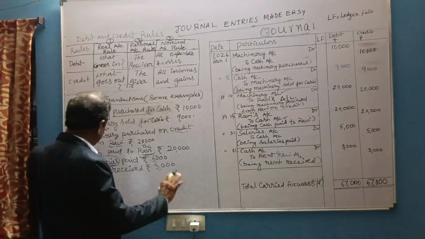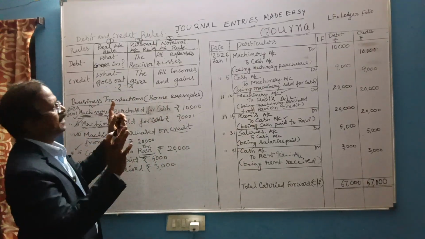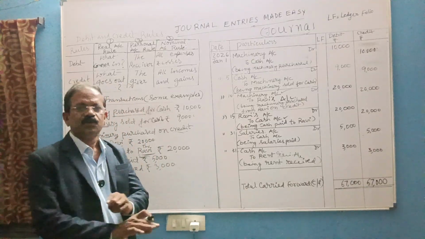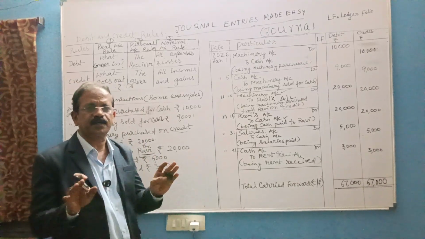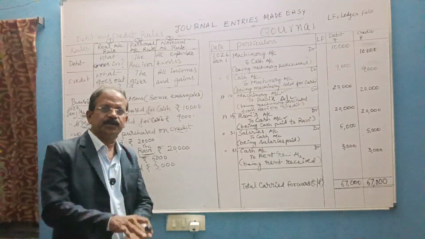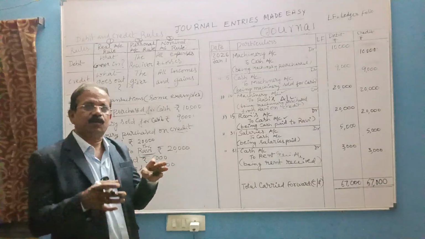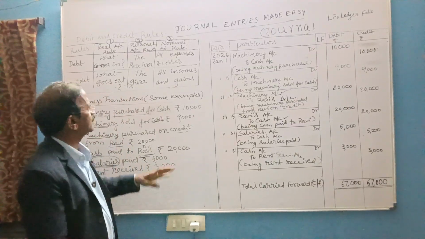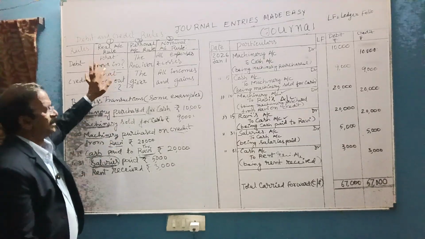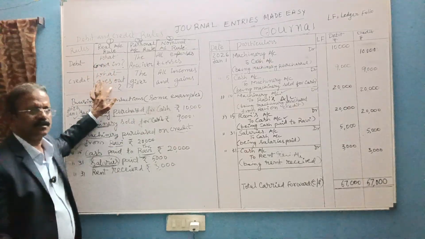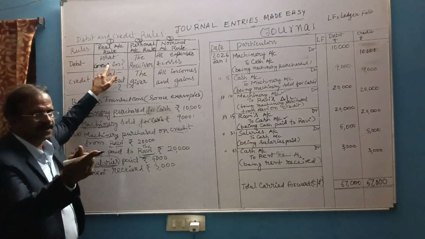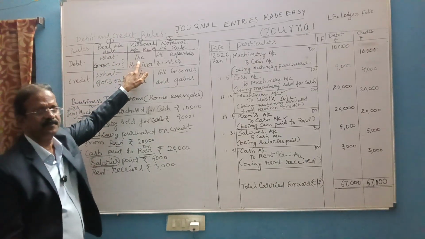No problem. So this is the way you have to easily write the journal entries. You need not waste your time thinking about what type of account it is, what accounts are involved, nothing. Only these questions. First question: what comes in? If anything comes in, debit. Second question: what goes out? Goes out, credit. If nothing is coming, somebody is receiving, debit his name.